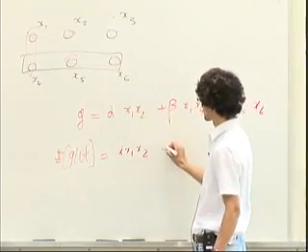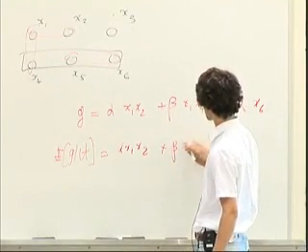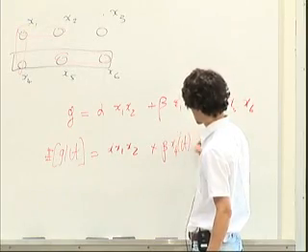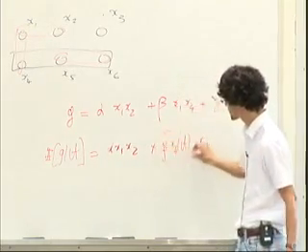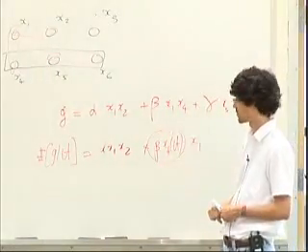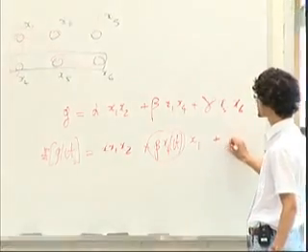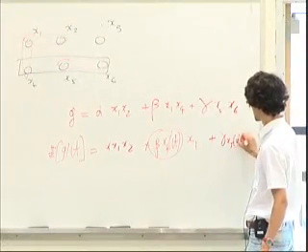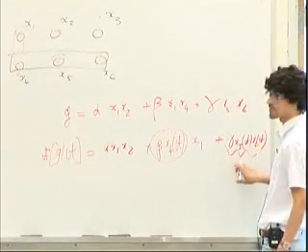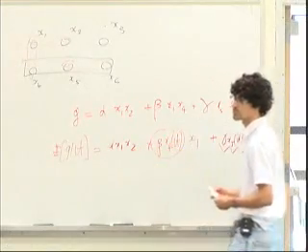Then you will have beta x1 times x4 of A. This term is a constant because the algorithm told you what it is. And then you have a last term, which is gamma x5 of A times x6 of A, a constant term. So this is a level 1 term, and this is a level 2 term.